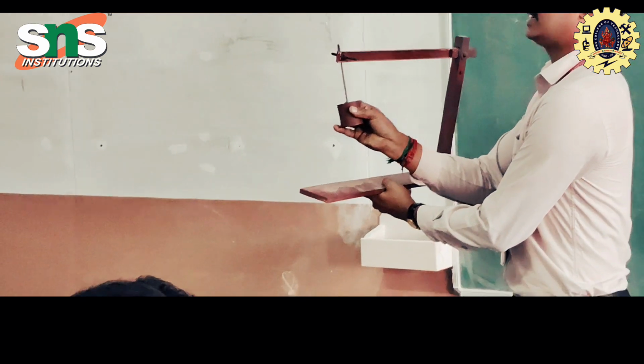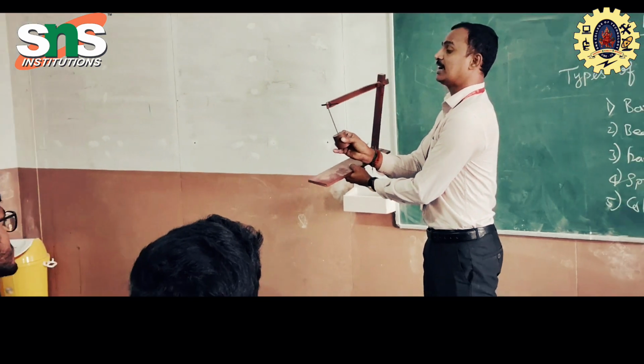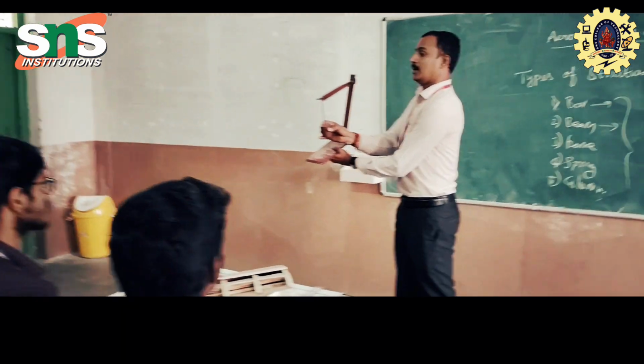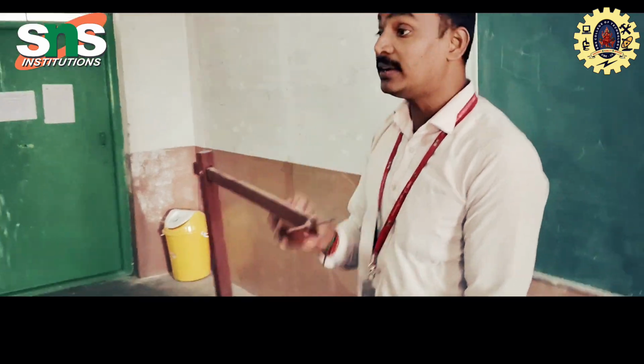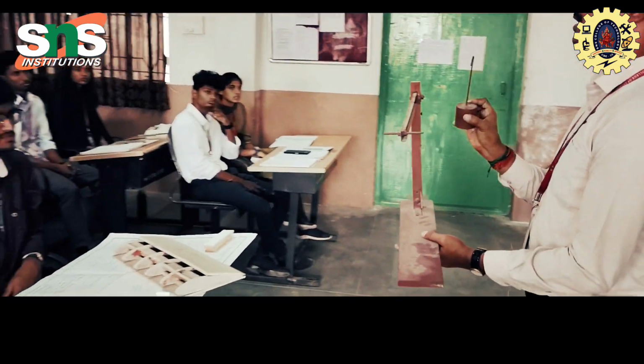It's getting twisted. Is it right? Yes. If I place it here, it gets twisted by its own weight. So I need to calculate the point. The wing should get bent, but it should not twist.